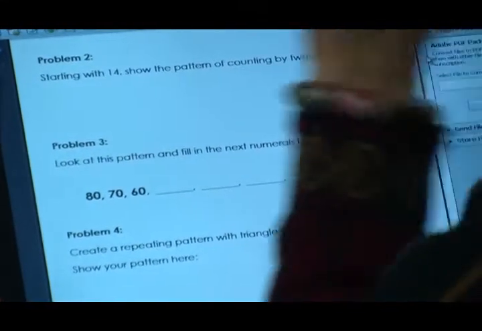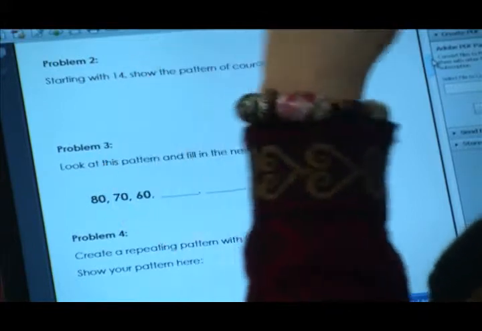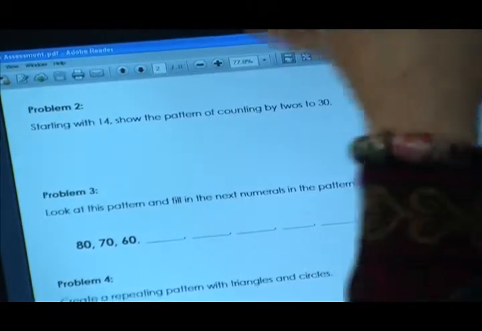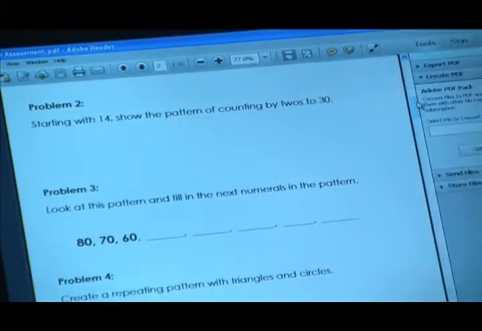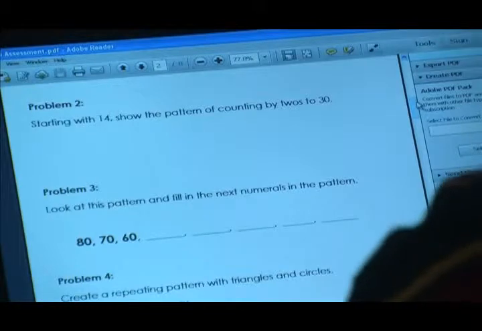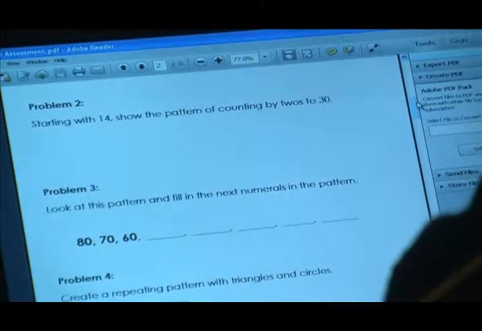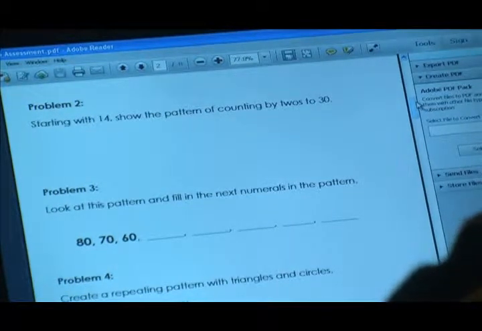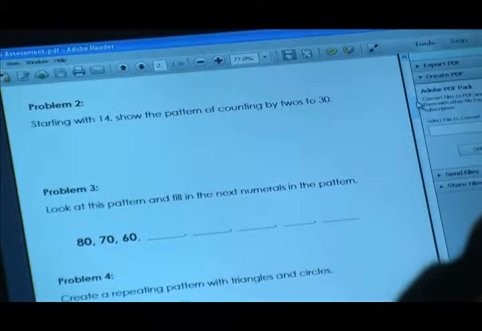And also like number 2, starting with 14, it isn't like starting with number 1 or number 2, it's starting with this obscure number in the middle here and going on. And look at the language, where it's saying, counting by twos to 30. Oh, that language, counting by 2s to 30. And with 2 too, it can be very confusing for them.